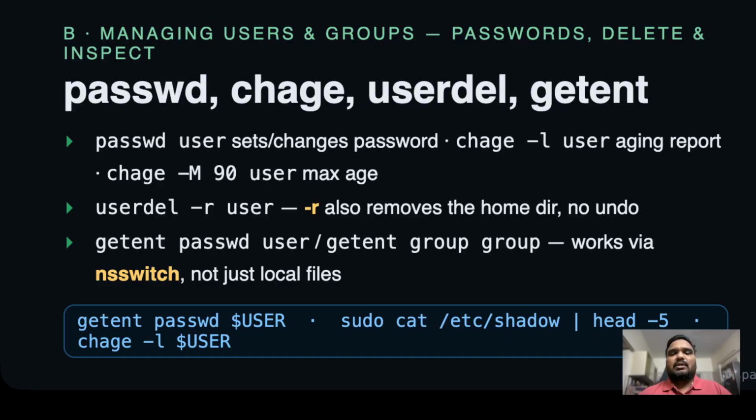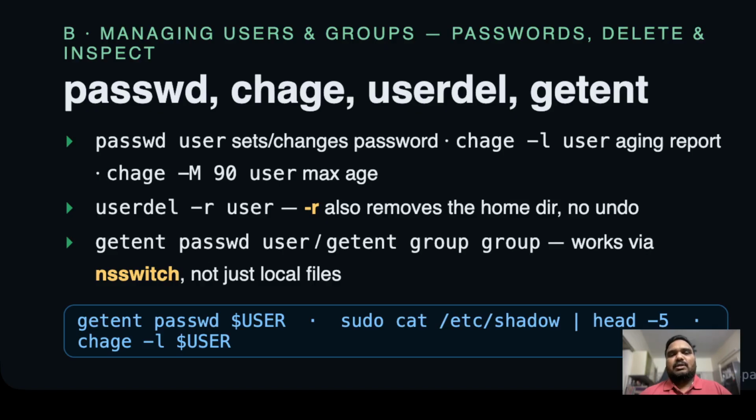We just read that /etc/shadow line by hand a moment ago. chage is simply the friendly command that edits those same fields for you instead of you touching the file directly.